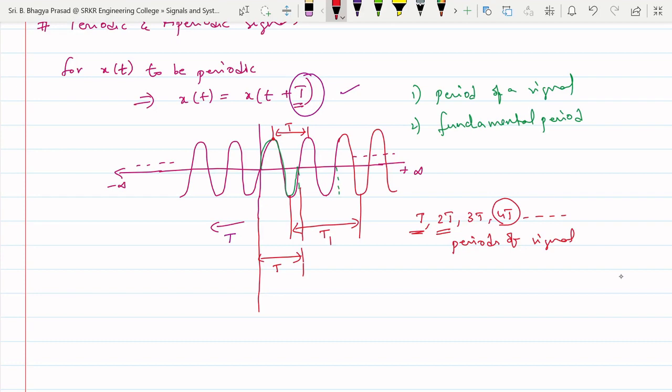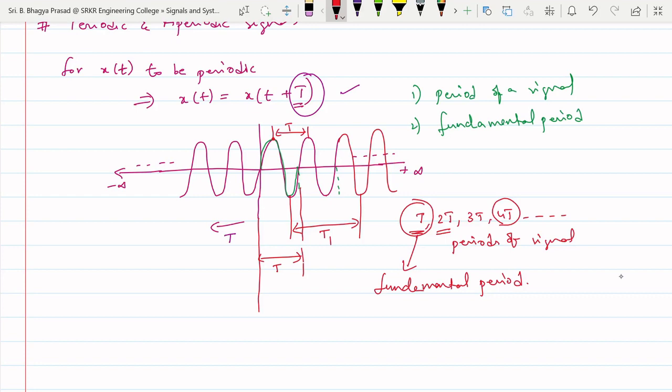If it happens like this, obviously it's a periodic signal, and these are all periods of the signal: T, 2T, 3T, 4T, 5T. The fundamental period is the least possible, so T is the fundamental period. You should differentiate the period of a signal and the fundamental period of the signal.